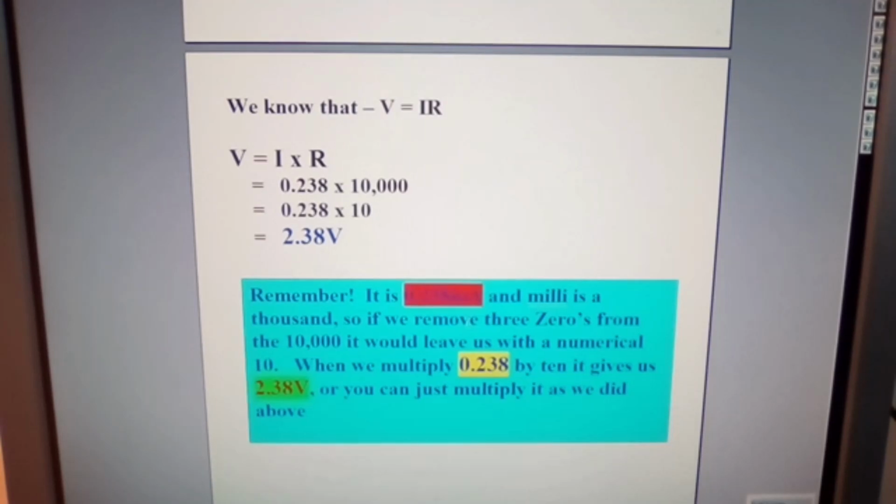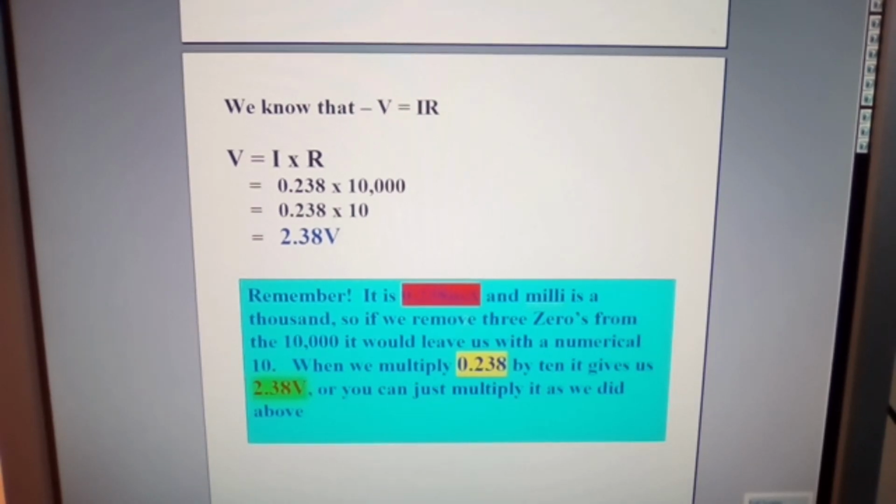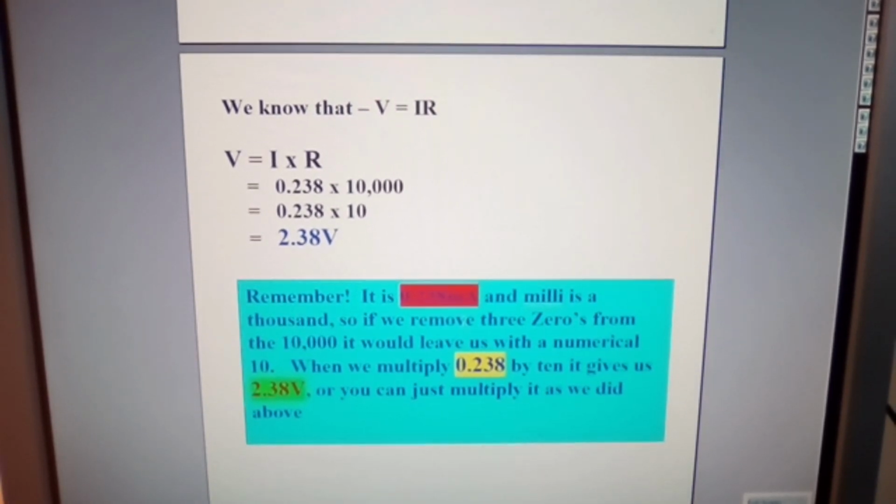So if we remove 3 zeros from the 10k, it would leave us with a numerical 10. When we multiply 0.238 by 10, it gives us 2.38 volts. Or you can just simply multiply it as we did above.